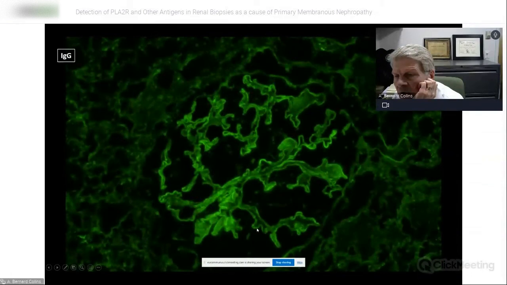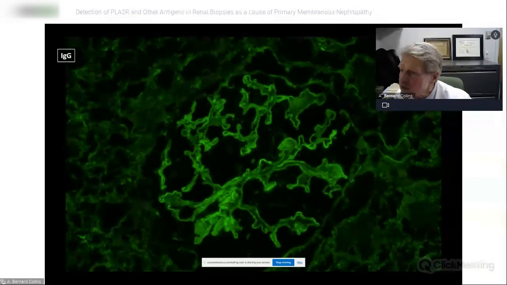And I'm harping on that because we're going to find out, as the plot thickens, why I am concerned about this. I think you might be convinced that segmentally here there are a few granules, but it's very hard to interpret because of the linear staining.